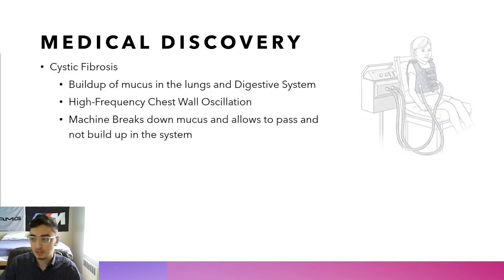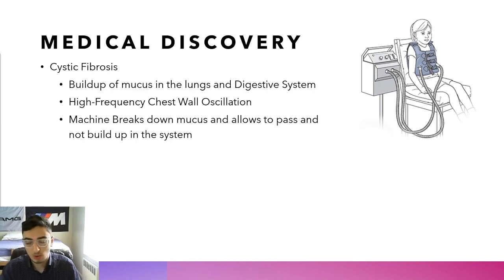Something called high-frequency chest wall oscillation. Just on the topic of oscillation, there's something called cystic fibrosis, which is a disease in which there's a buildup of mucus in the lungs and the digestive system. Essentially, using a particular frequency of oscillation, this vest fills with air and decompresses about 20 times a second and causes a frequency of vibration strong enough to break down the mucus and let it pass through.